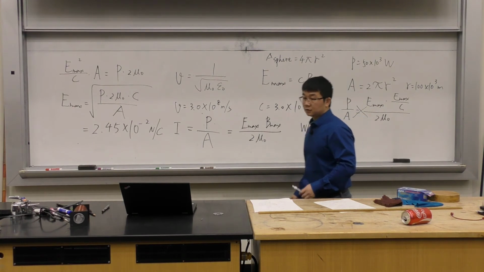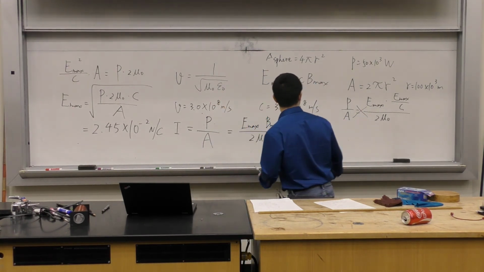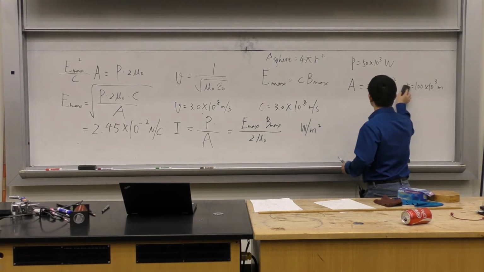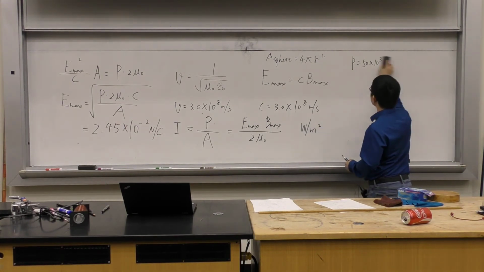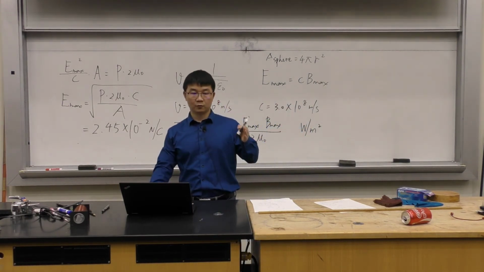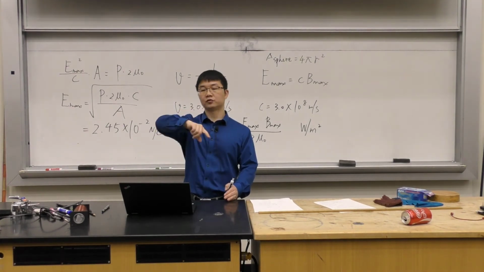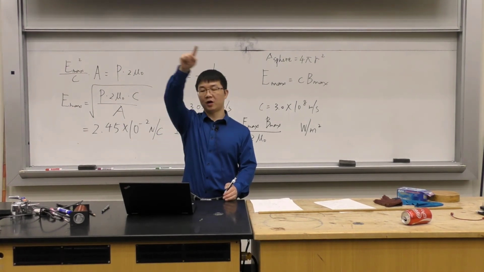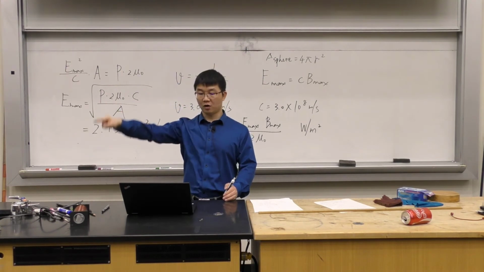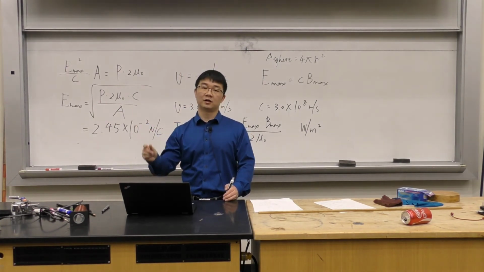And then for any wave, you can use wavelength to find the velocity. Why? Because any wave always travels one wavelength in one period. So it's like a uniform motion, right? In uniform motion, it always travels 2 pi r in one period, so you can always do v equals 2 pi r divided by period.